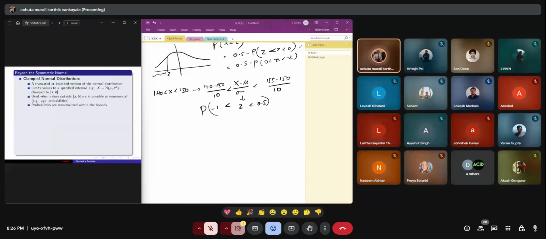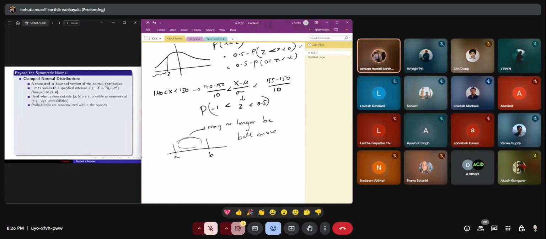Clamped normal distribution is when you want to clamp the normal distribution between 2 points A and B. You want to remove these parts and say that only between A and B you want the distribution. Remember that this may no longer be symmetric, and may no longer be a bell curve.